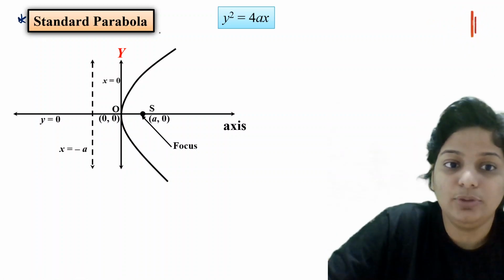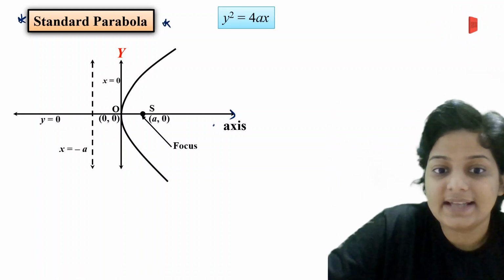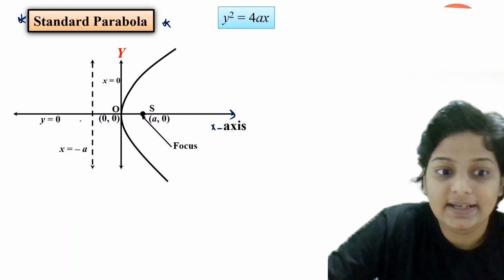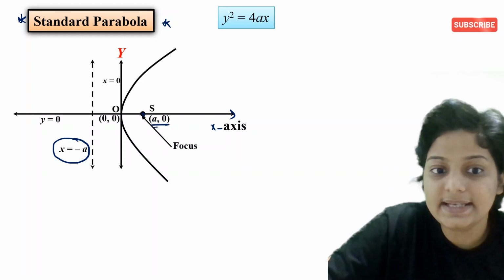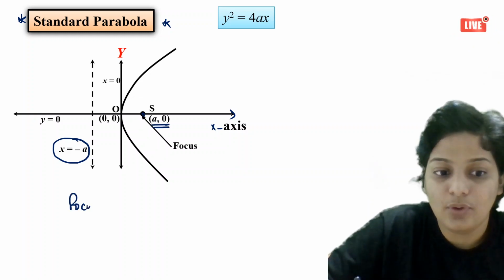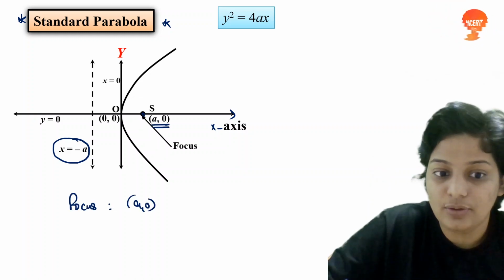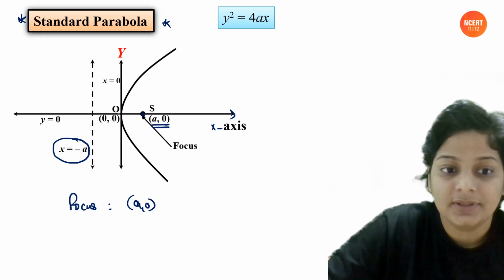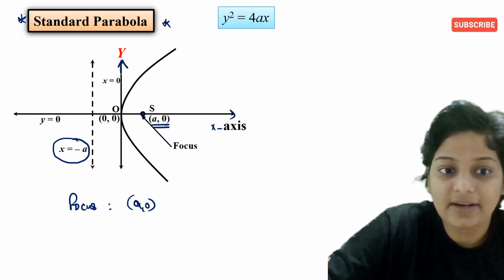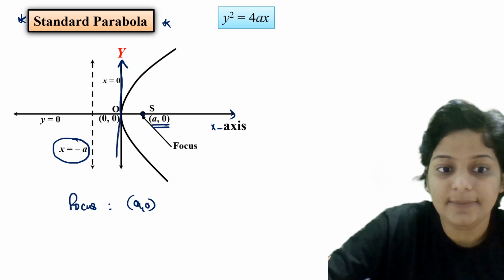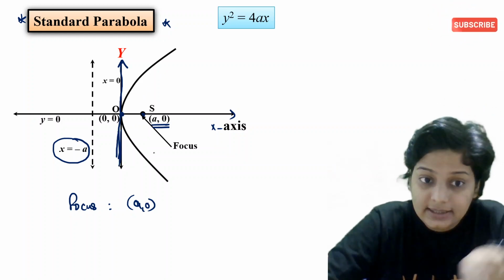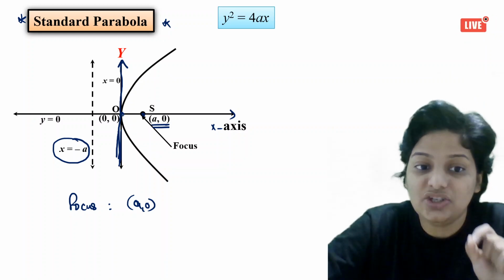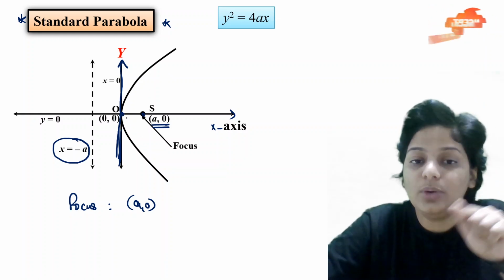So here I come to standard parabola. The axis is your x-axis. The directrix is x equal to minus a. Focus is a, 0, right? This line y, can you see this line y? It's passing through the vertex and touching the parabola.